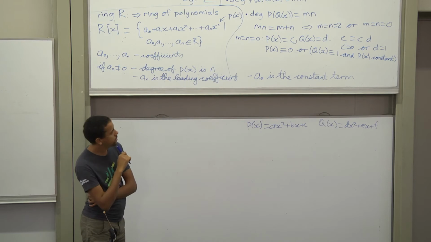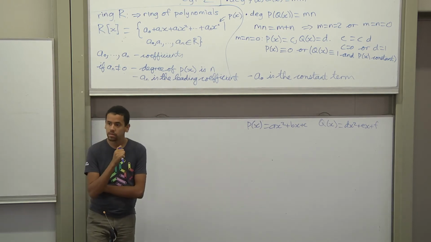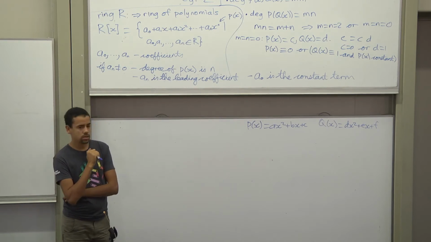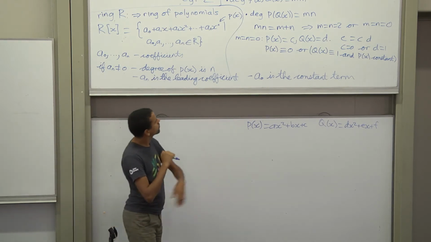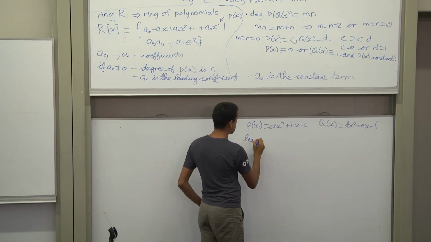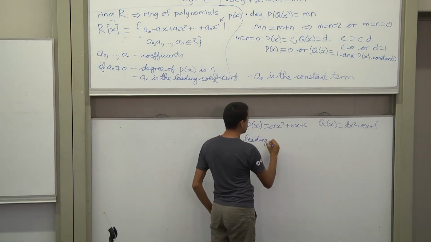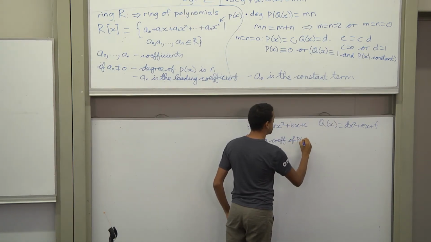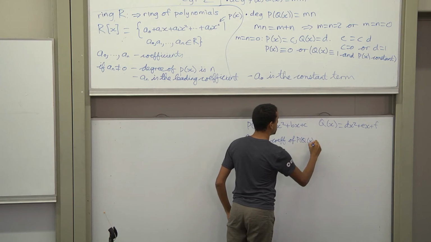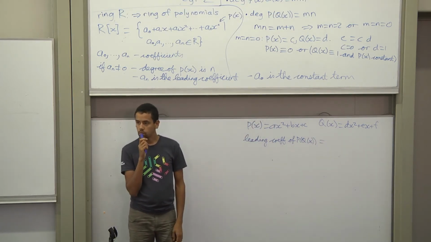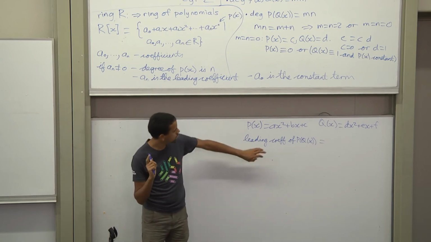Now we've looked at the degree, we've used that as much as we can. Let's also look at the leading coefficient on each side. What would the leading coefficient of p of q of x be? AD squared. Yes, AD squared.